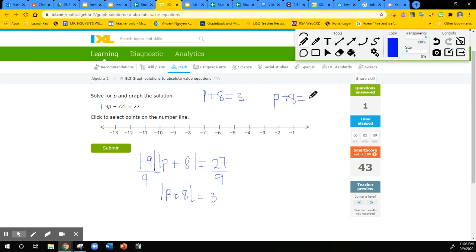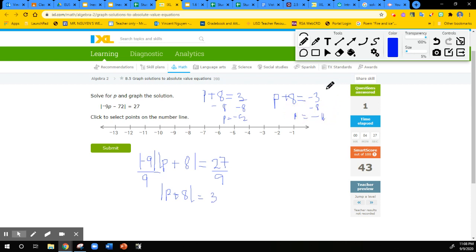equals negative 3. Okay, this is very important to remember because inequality is going to be kind of similar to this later on when you learn about inequalities. So here, if I subtract 8 on both sides, I actually get my first solution to be negative 5, right? So P equals negative 5. And then if I subtract 8 over here, my other solution will be negative 11.